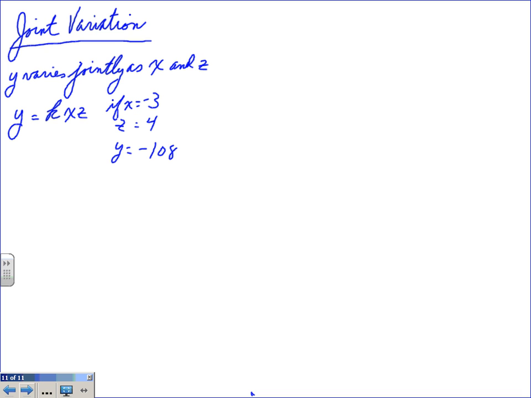This is joint variation. So negative 108 equals k times negative 3 times 4. I have negative 12k equals negative 108. And I find that my constant of variation is 9. And in this particular problem, y equals 9xz.